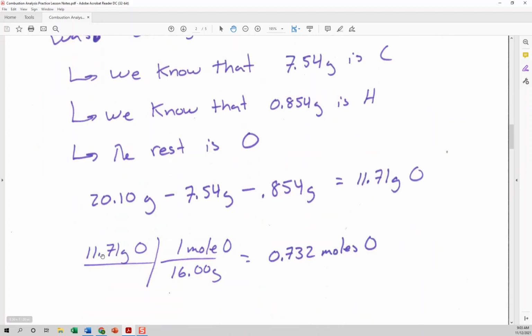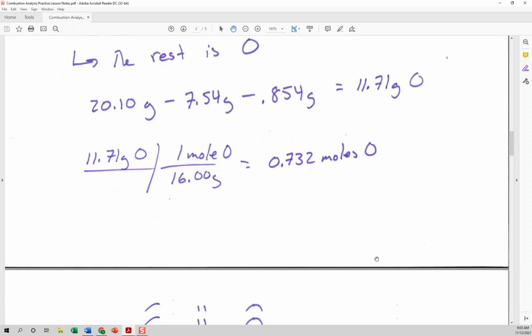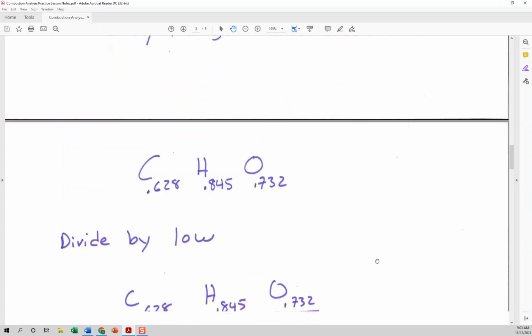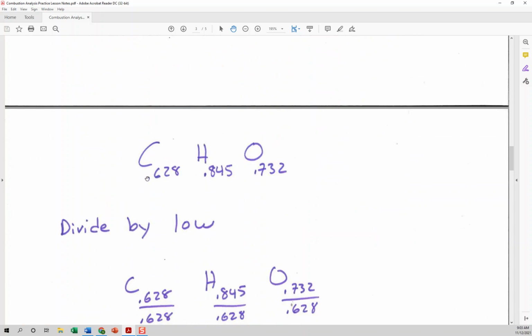So if we take our 11.71 grams of O and divide it by the molar mass of O, not O2, the molar mass of O, that gives us moles of O. And so that's our subscript for O. So boom, we found our subscripts: 0.628, 0.845, 0.732.